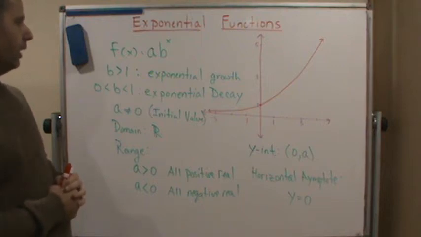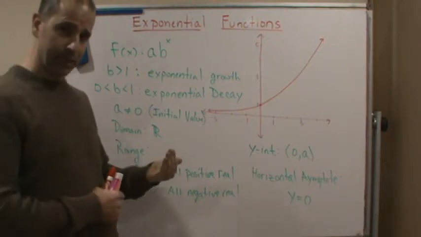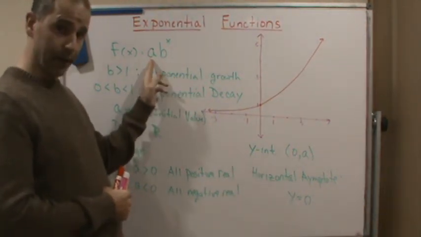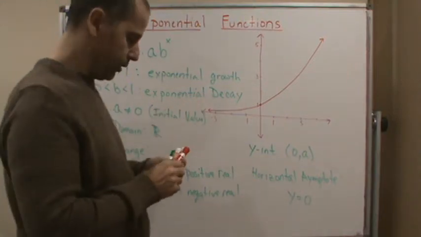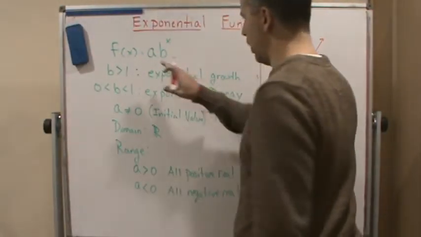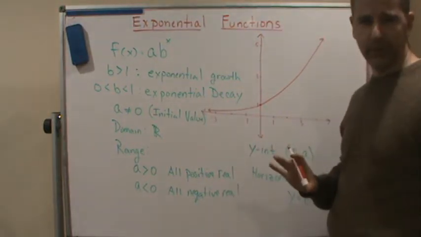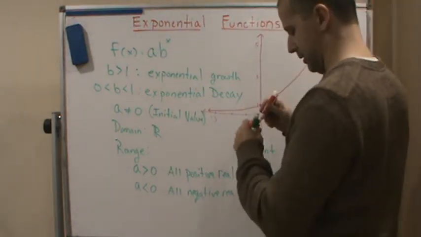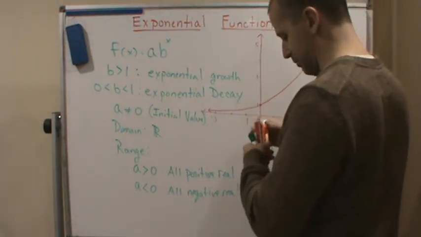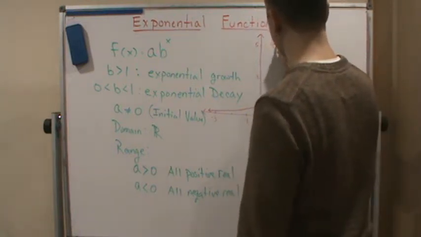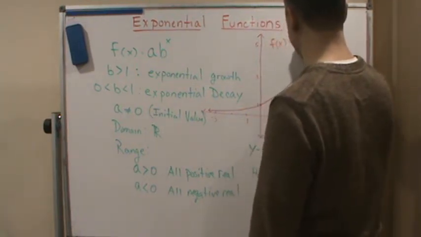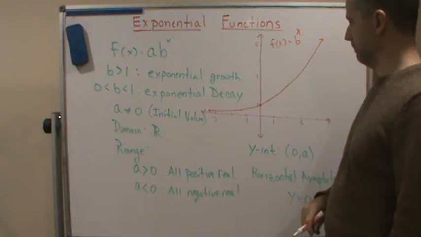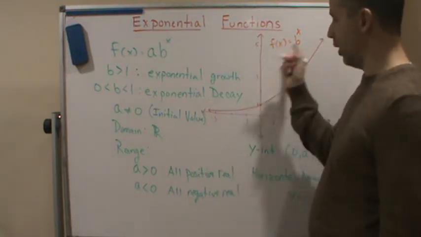Now, in most cases, if we want the simplest form, we would just say a is equal to 1. If a is equal to 1, and I'm going to use my graph here as an example, there's another characteristic of exponential functions: they always go through these 3 points. In this case, I'm taking the simpler form, which is just f of x equals b to the x, where a is 1.